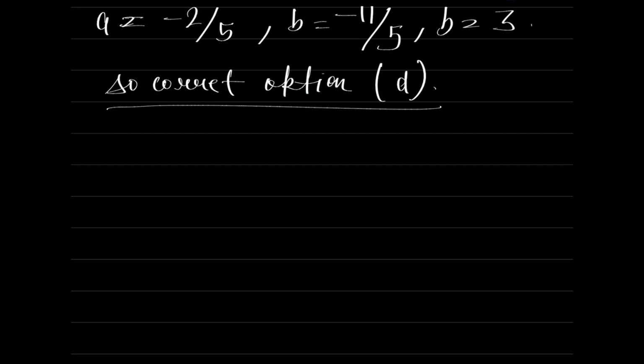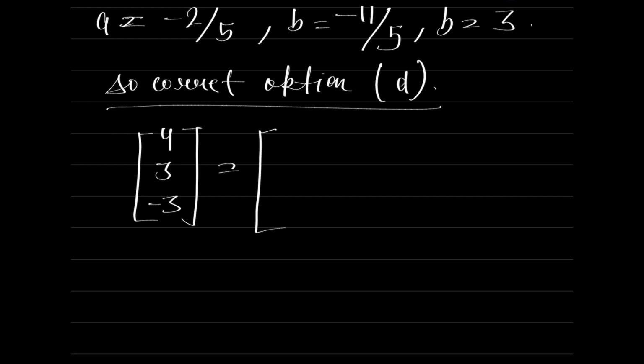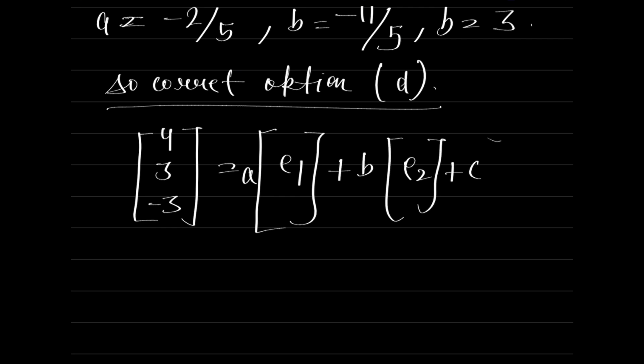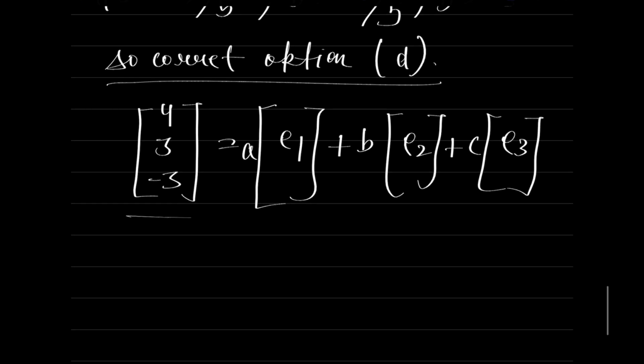What we have done in this problem is we have written spanning, that is (4, 3, -3) equal to A into E1 plus B into E2 plus C into E3. It is called spanning.